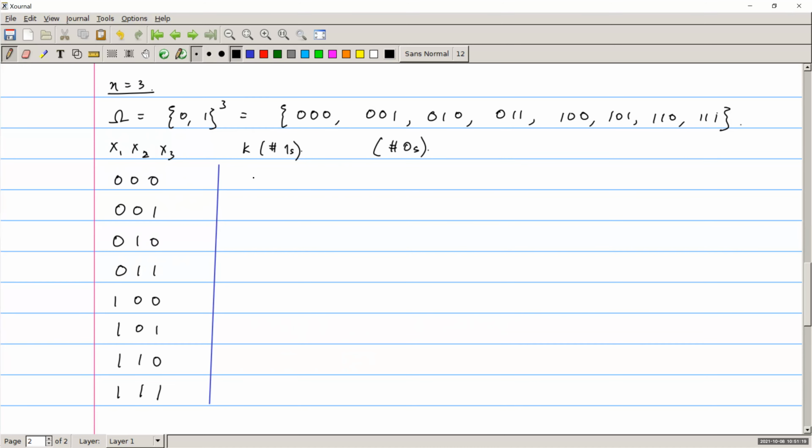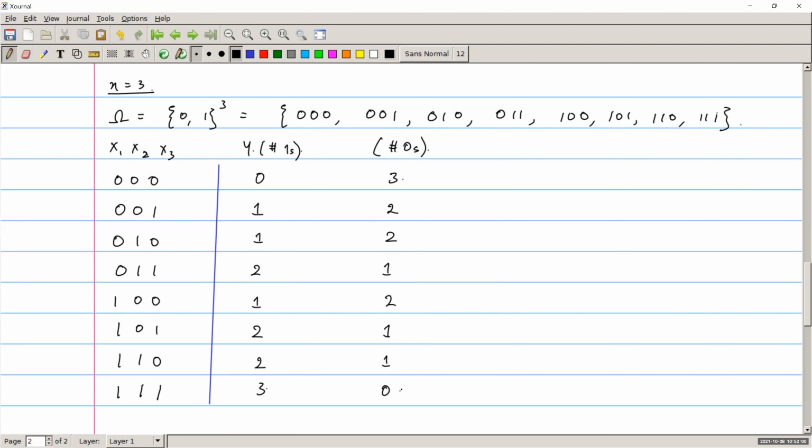Here the number of ones in the sequence 0, 0, 0 is 0. The number of ones here is 1. How many ones here? 2, 1, 2, 2, 3. Sorry, this is y. And the number of zeros here is 3, 2, 2, 1, 2, 1, 1, 0.